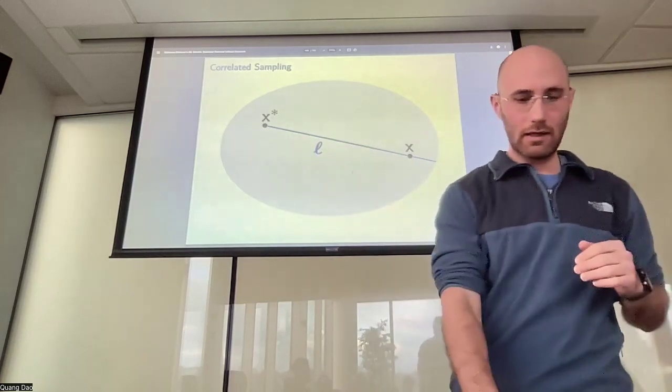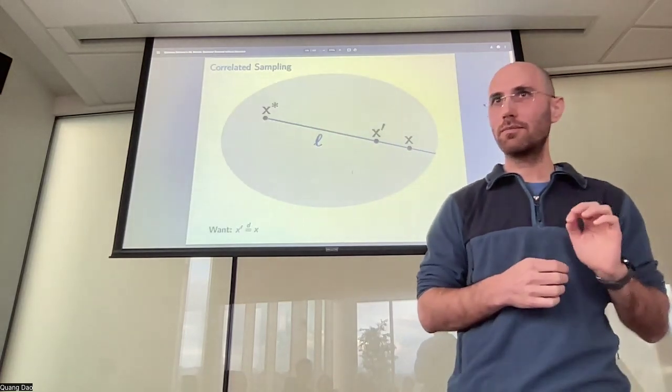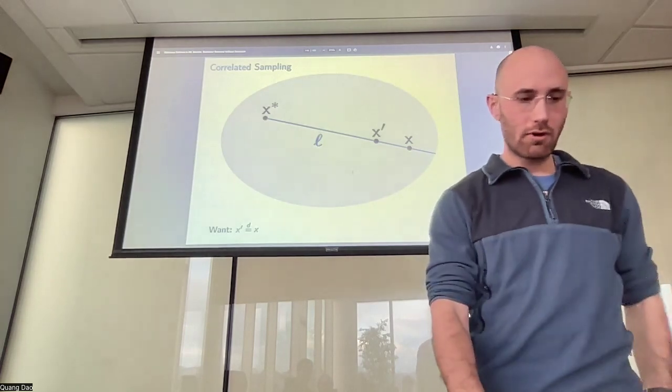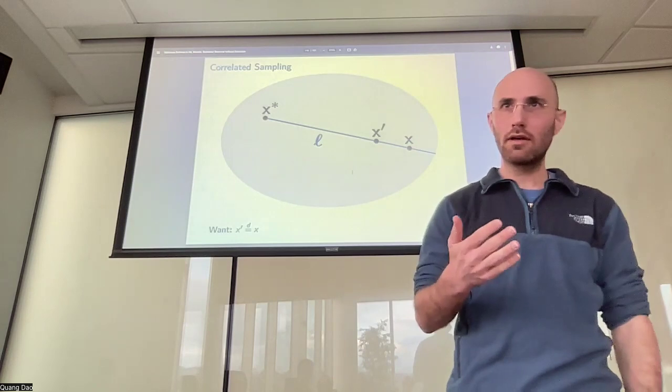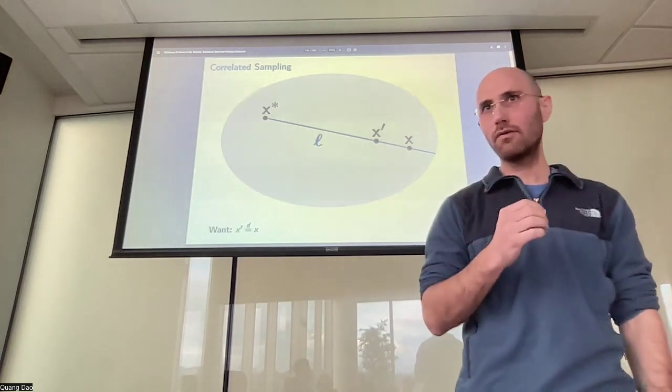Now what we want is to sample another point, x prime, very carefully. How are we going to sample this point? We're going to sample it so that the marginal distribution of x prime is the same as the distribution of x.